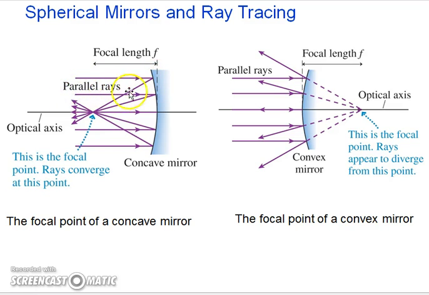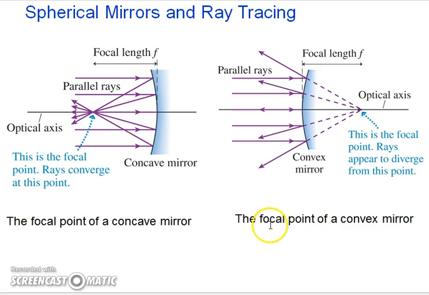Or if parallel rays come in, they will all focus at the focal point. Here we again have incident parallel rays shown by the arrowheads, and the reflected rays seem to be coming from a point on the optical axis, and that distance is called the focal length f.